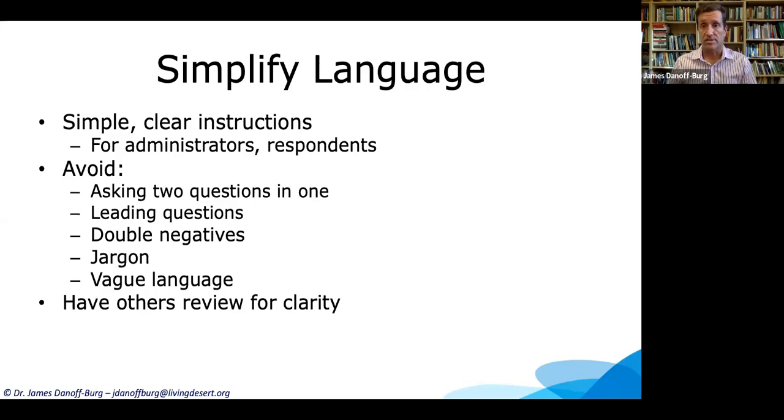Have others in your organization review it. Have someone who's not affiliated, your husband or your wife or a friend who's not involved in your program, read it and ask them if they understand things, if there are problems there. Okay, so let's go through a few of these types of questions to avoid.